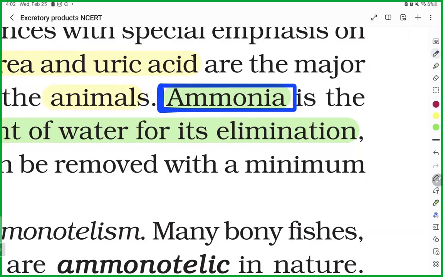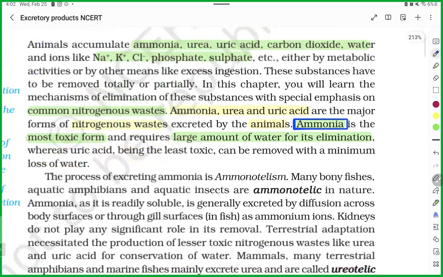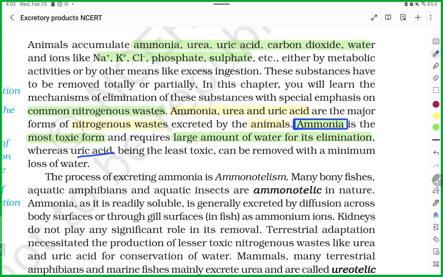Uric acid is least toxic. If uric acid is least toxic, it should be present in animals that have water shortage, in the desert region, right? Because they have minimum or no water loss.